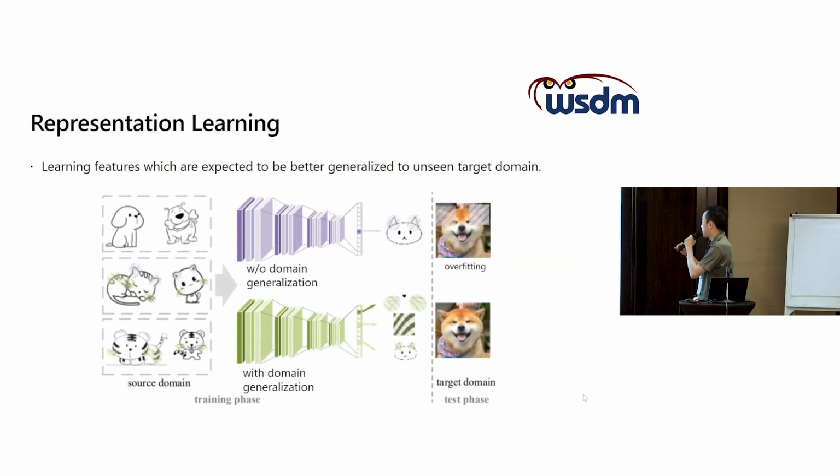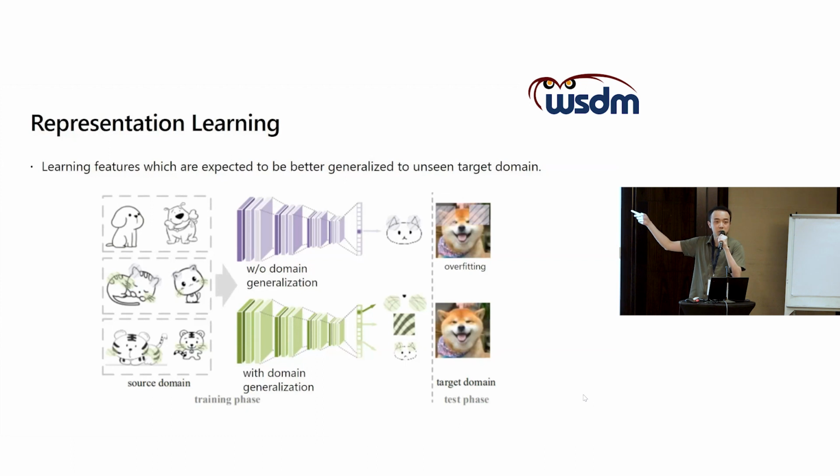So here, maybe I want to give you one example about animal recognition. For example, if we do not apply this environment representation learning technology, maybe, based on cat and dog recognition, given the cat image, we may overfit to the ear information.